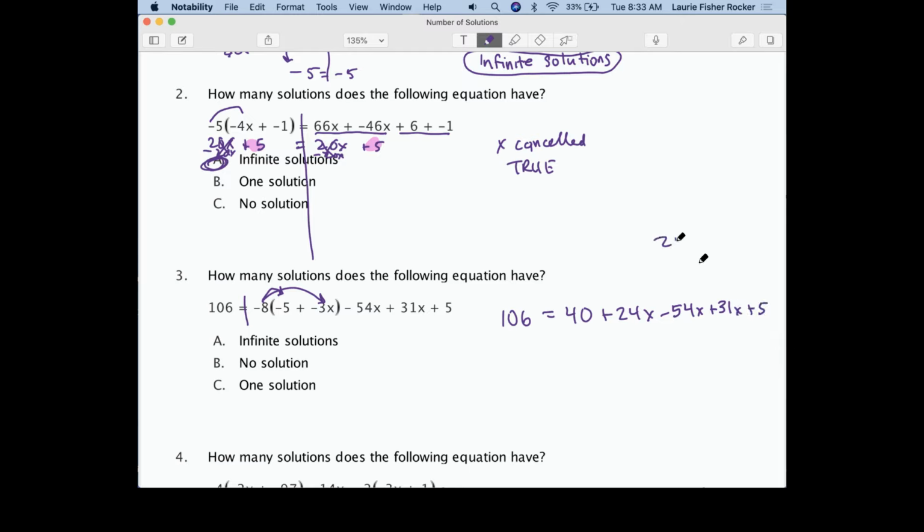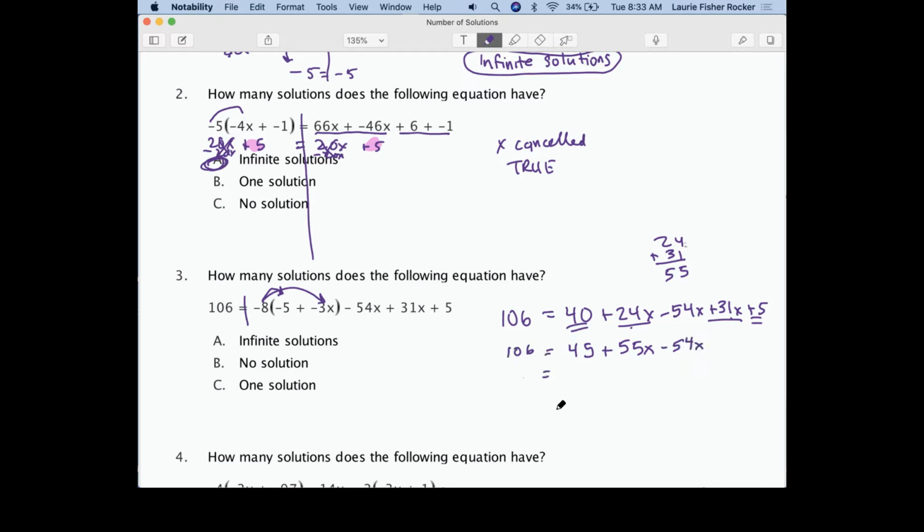So let's see, 24 plus 31 is 55. I'm adding like terms here. And then I've got 40 and 5. So I'm going to have 45 plus 55x minus 54x, can't forget about that, equals 106.